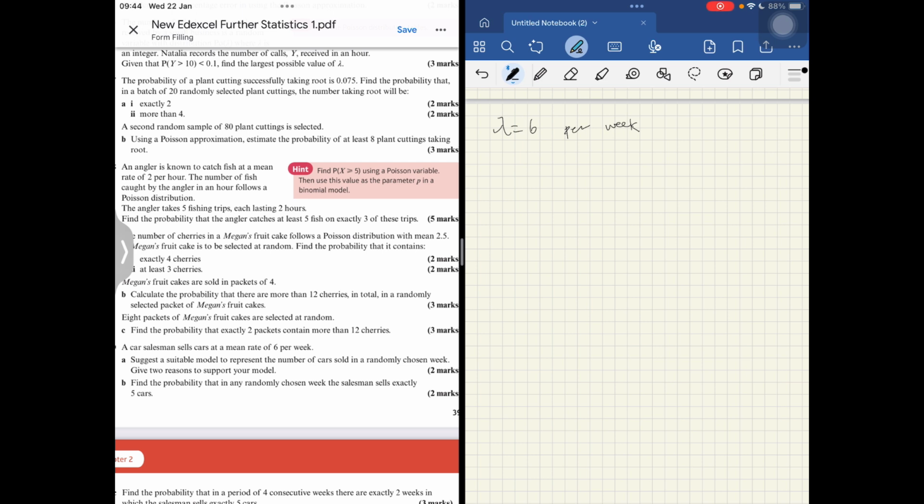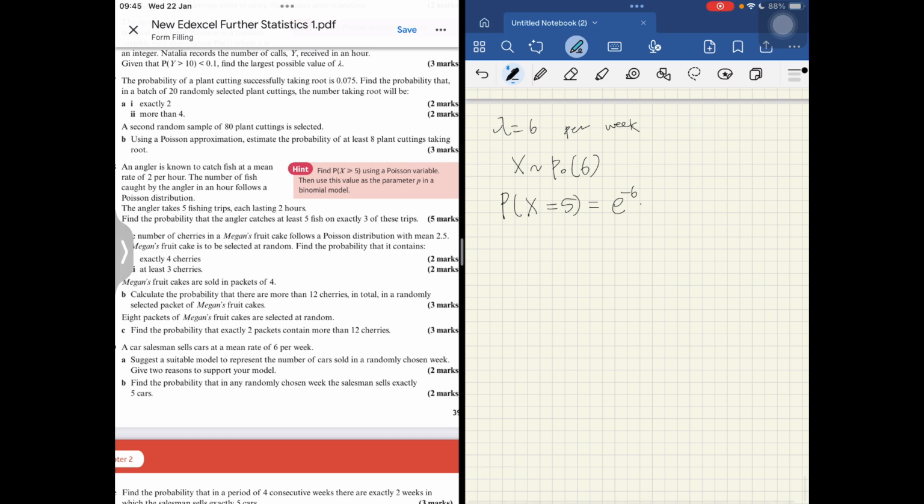So that is the condition for the Poisson distribution. So now X follows Poisson 6. And find the probability that in any randomly chosen week, the salesman sells exactly 5 cars. So the probability X equals 5.